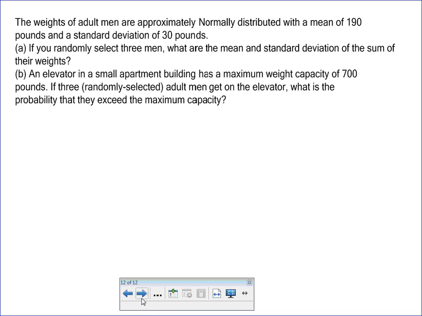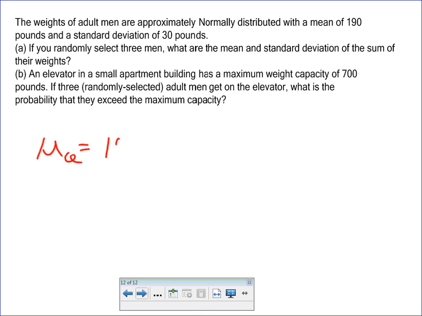The weights of adult men are normally distributed with a mean of 190 pounds and a standard deviation of 30 pounds. So A, if you randomly select 3 men, what are the mean and standard deviation of the sum of their weights? So the new mean is easy.